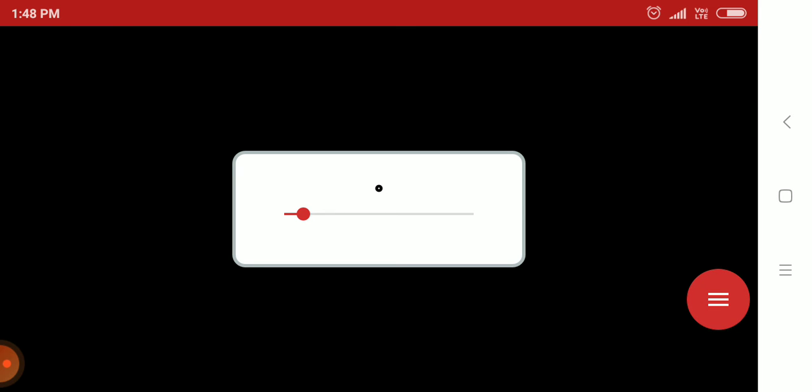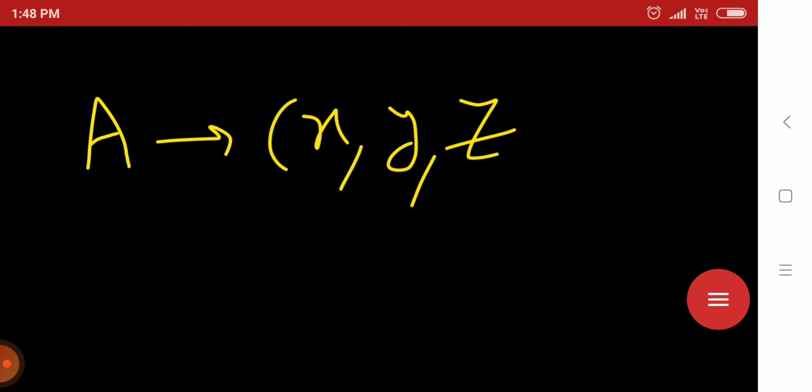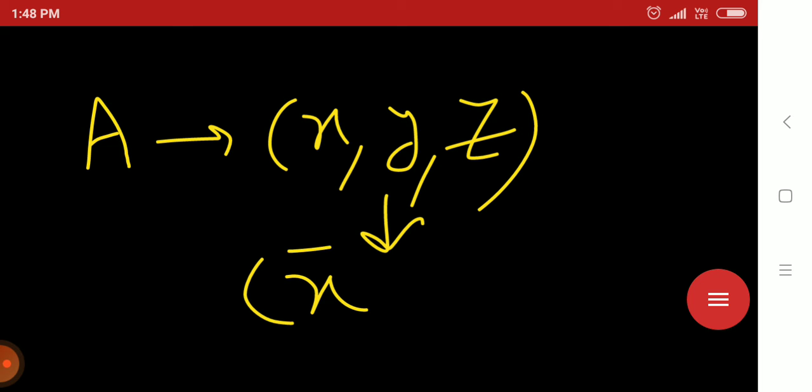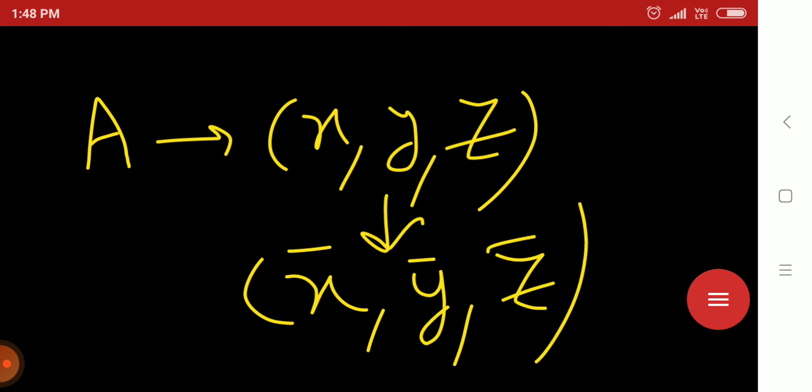So if A is a tensor, its components transform from x, y, z to x bar, y bar, z bar.